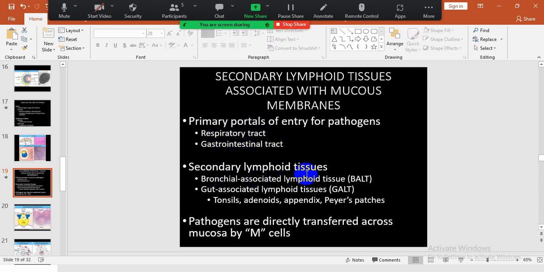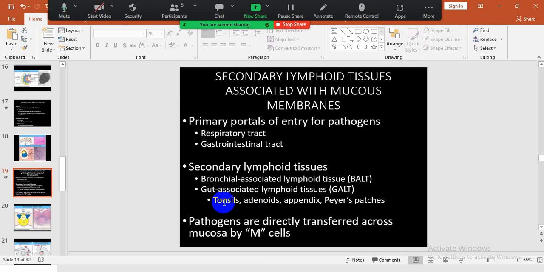Then the secondary lymphoid tissues. We have lymphoid tissues inside the lungs, and they are called bronchial-associated lymphoid tissues. We have gut-associated lymphoid tissues, which are associated with the GIT. Whenever you hear gut, it's the gastrointestinal system or tract.